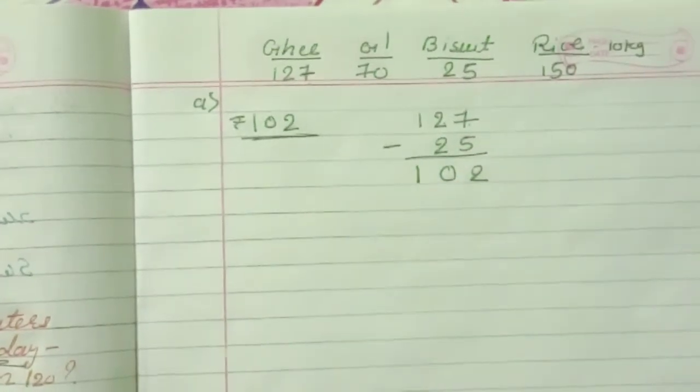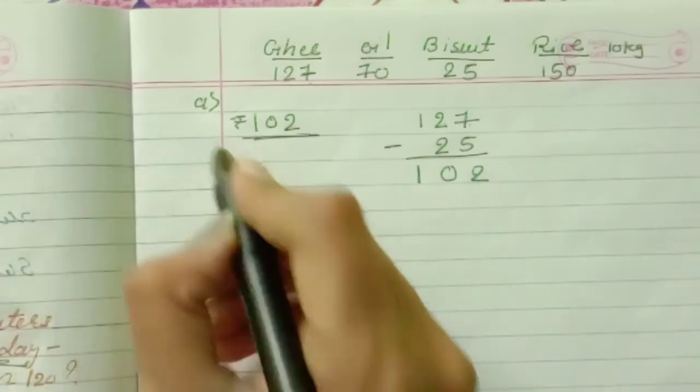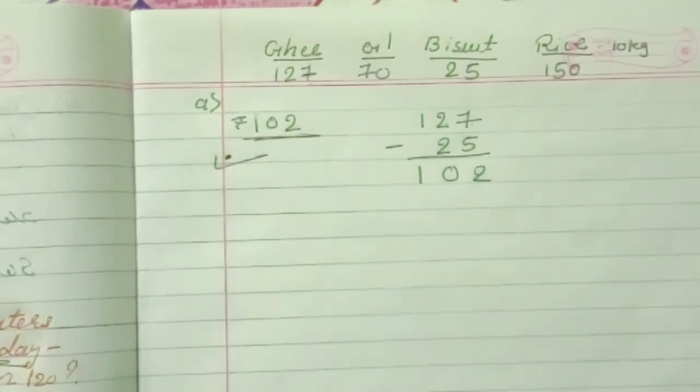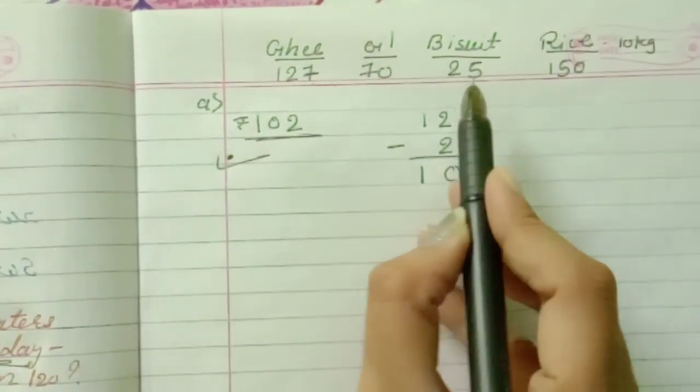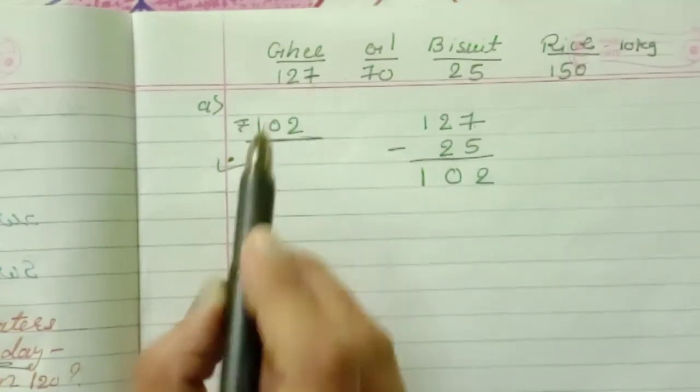And 1 minus 0, 1. So yes, 102 rupees. So in A, Sangeeta is right because she said perfectly 102 rupees costlier. So ghee's price is more than biscuit's by 102 rupees.